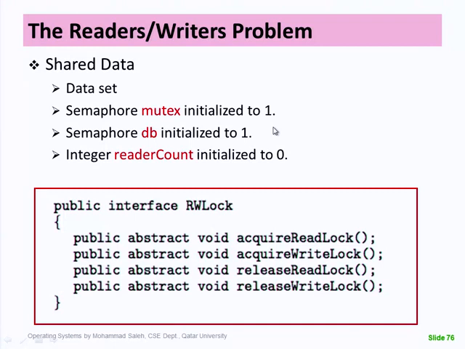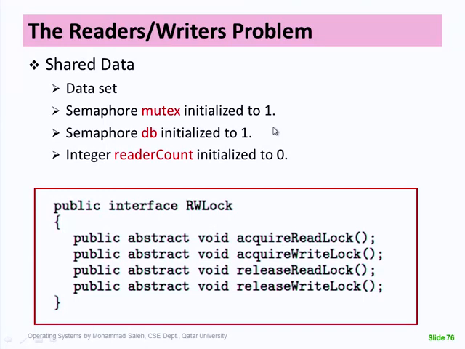We also need some kind of locking mechanism on one shared variable, if you remember, which is readers count, because readers count is accessed by multiple readers. For these, we use two semaphores, and these semaphores are counting or binary? Binary semaphores.